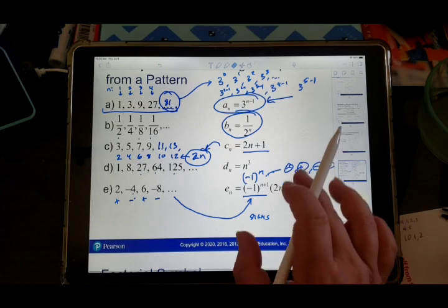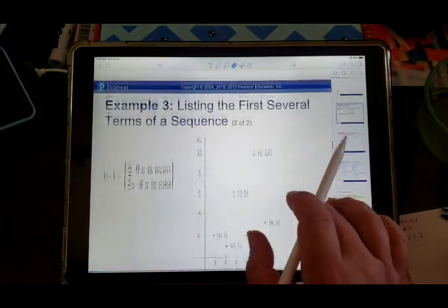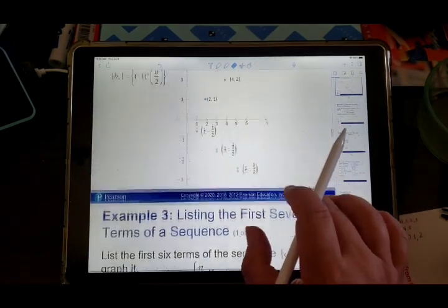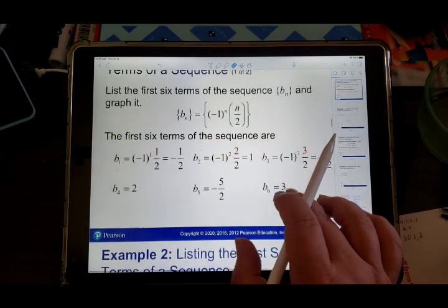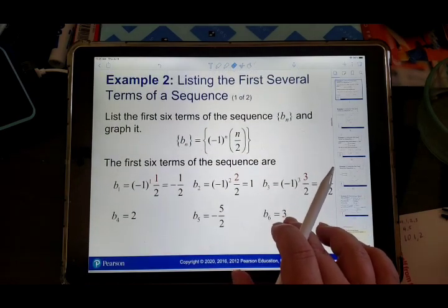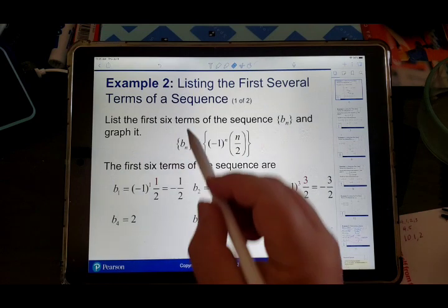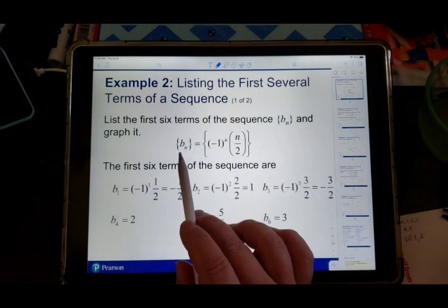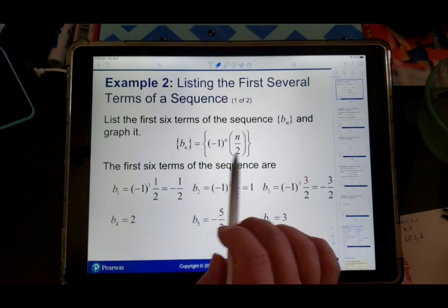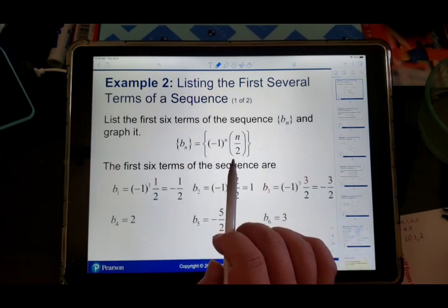All right, so with that, let's look at an earlier example of how some of these look. Yeah. So you're going to see problems a lot like this, where they just give you b to the n equals, and they give you the formula.